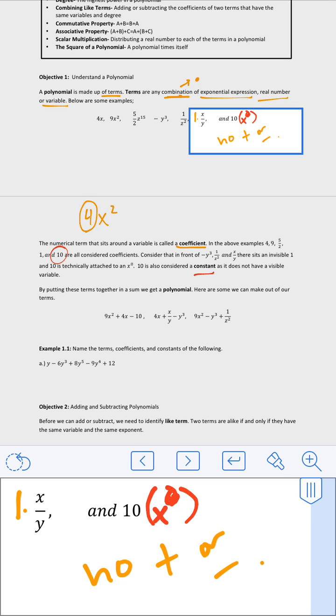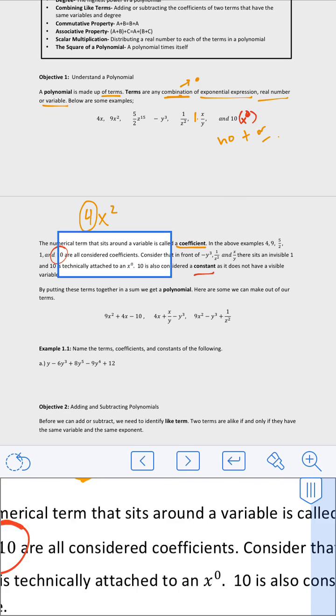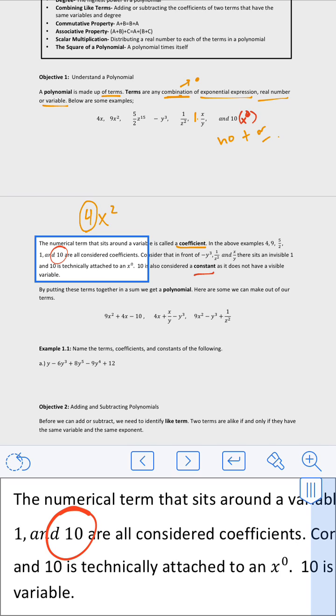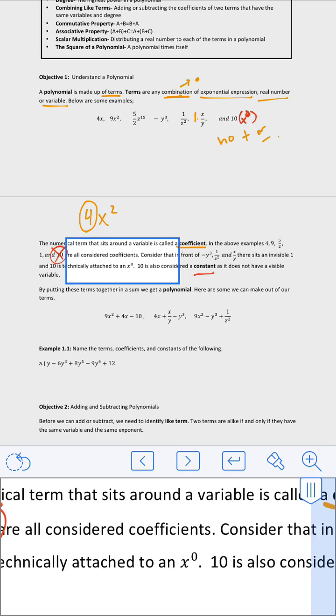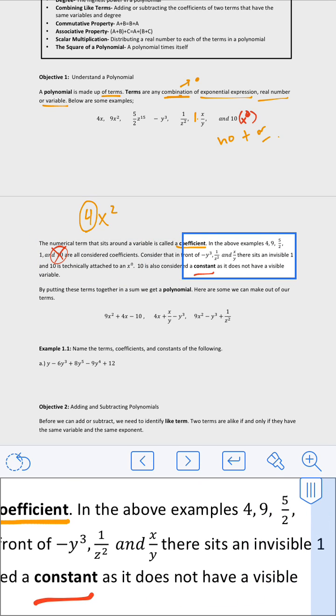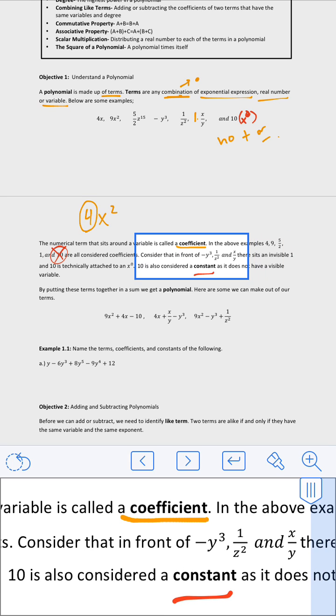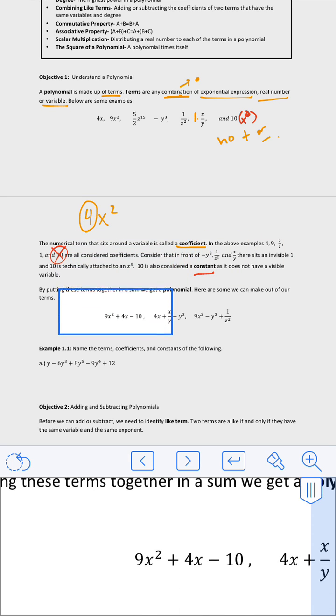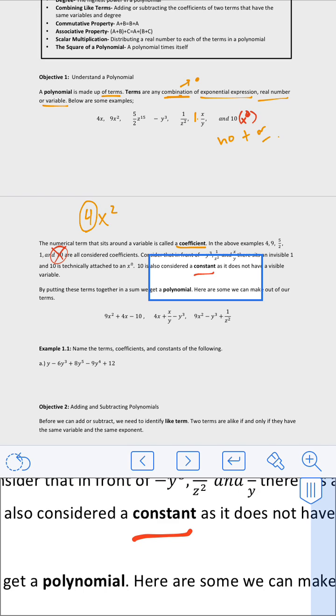So some people believe it is a coefficient, but for the purposes of this class, we're going to say it's not. Okay, so we're going to say 10 is not a coefficient. Later on, you may hear an argument otherwise. But we're just going to say the stuff with visible variables are coefficients. All right, cool. And remember, 10 would be considered a constant. So 10 isn't just left off, he's not unimportant, but he's considered a constant, something that's not going to change when you plug in a variable.